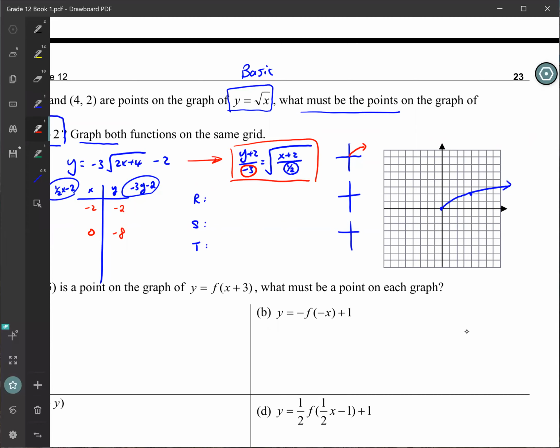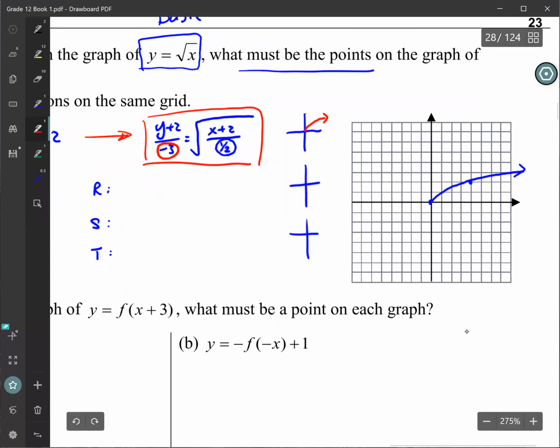What kind of reflection do we have, Eric? Reflect over the x-axis. Very good. Reflect over the x-axis, so up becomes down. After reflection it looks like that. And then what kind of stretching do we have here, Donna?